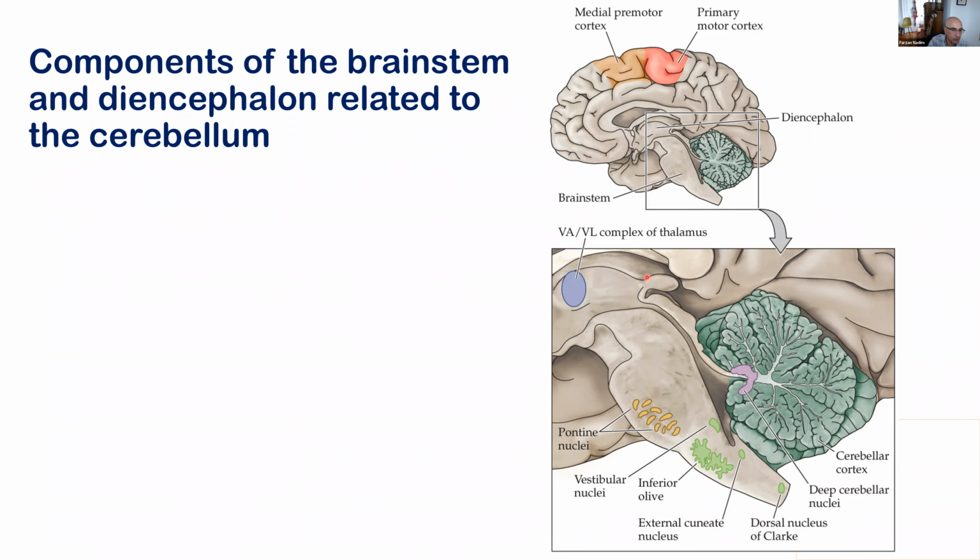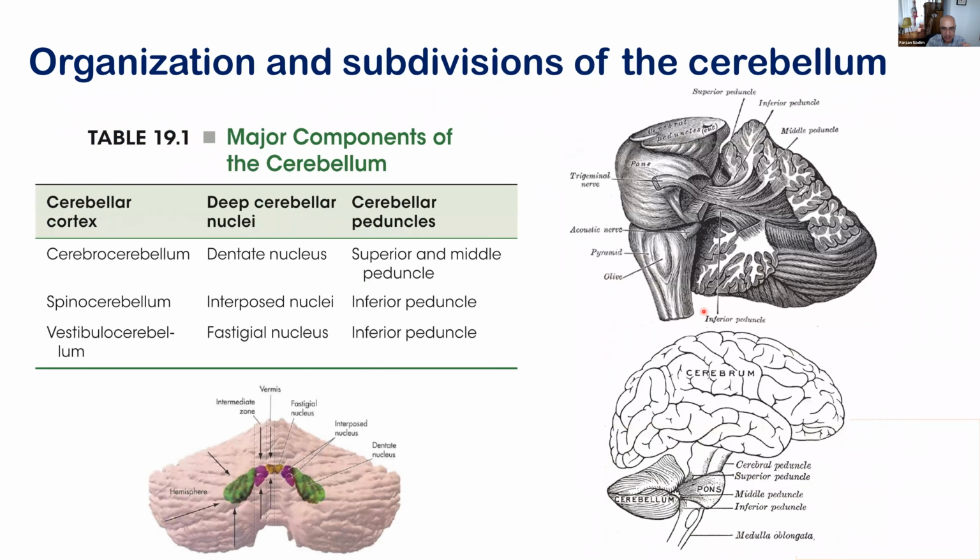Complex is another word for nuclei when it refers to the thalamus. We saw that in the auditory system. So outputs go there, inputs come here. These peduncles that I showed you in the previous slides, the superior peduncle, just to give you an idea, has about 20 million axons, okay, each of those.